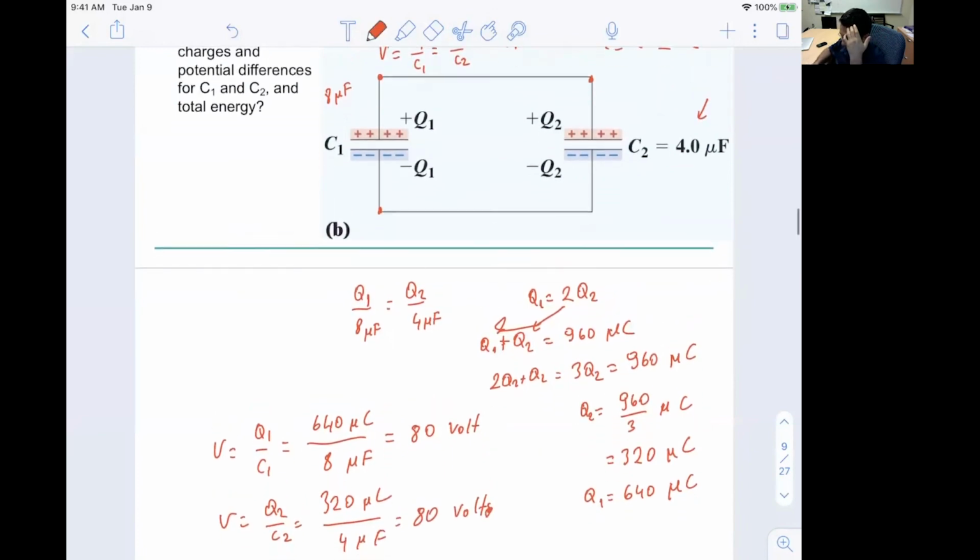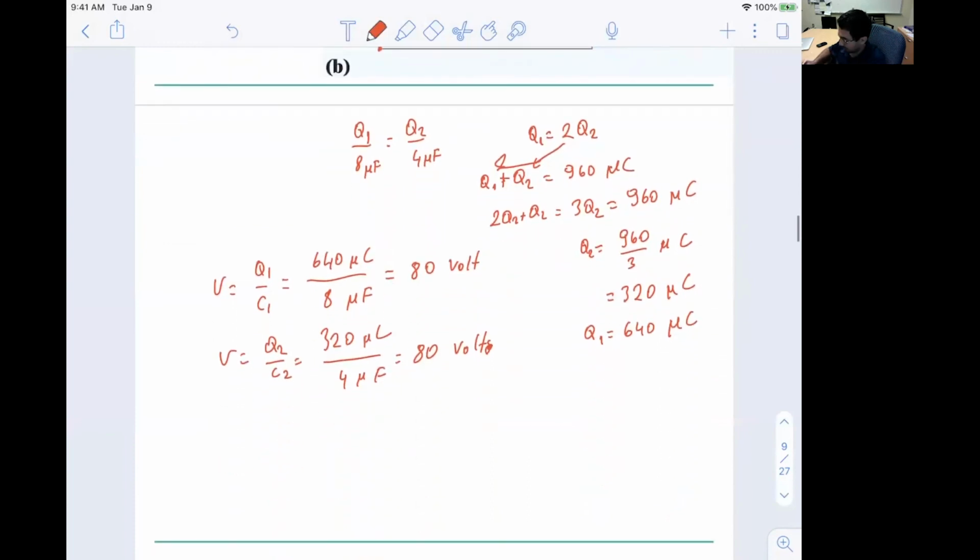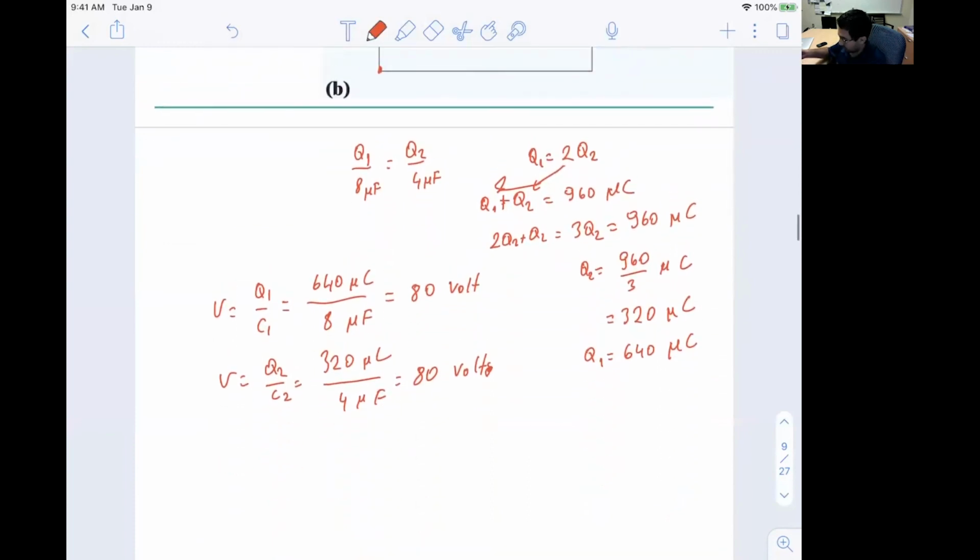Then it asks about the total energy. We can do it two ways. First, the capacitor will have E1 equal to 1/2 Q1 times V1, and Q1 is 640 times V1 is 80 volt.